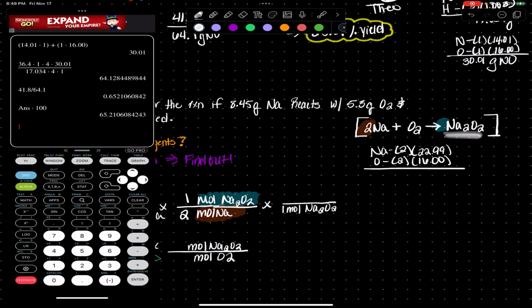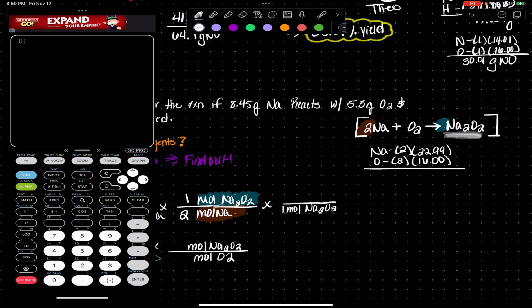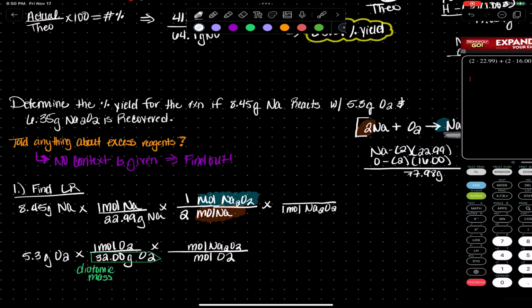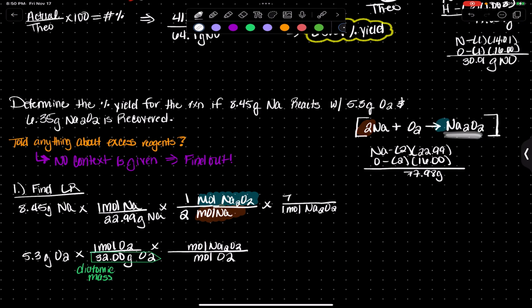Well, not meant to be, but the simple version. We get a whopping 77.98 grams. Let's keep that pushing. 77.98 grams of Na2O2. All right. So I'm sitting in grams of what I'm asked for so I can stop working.